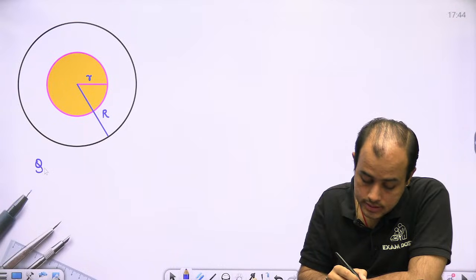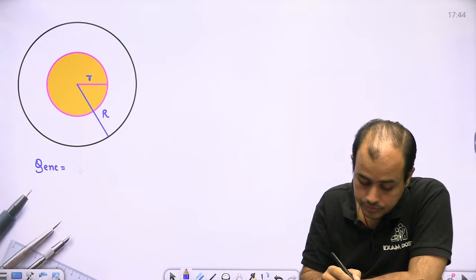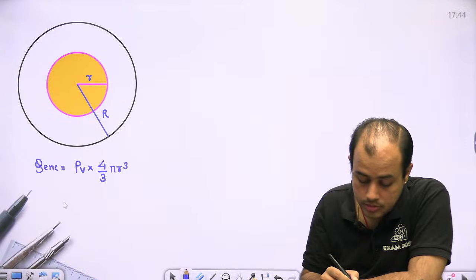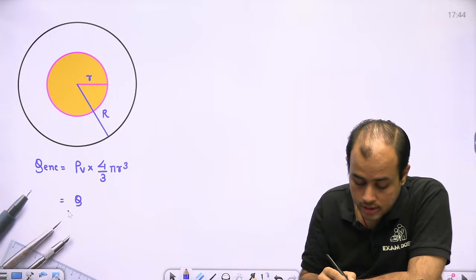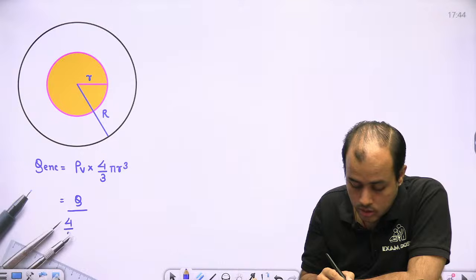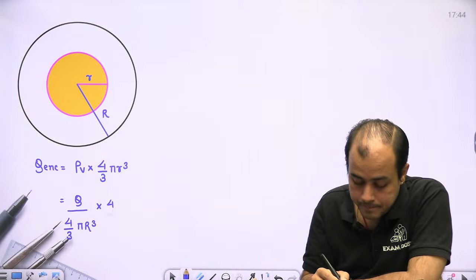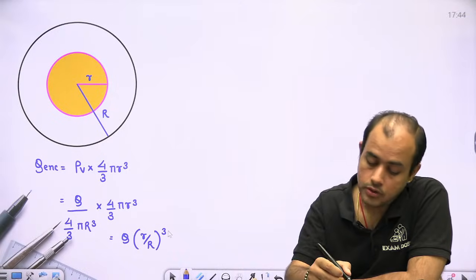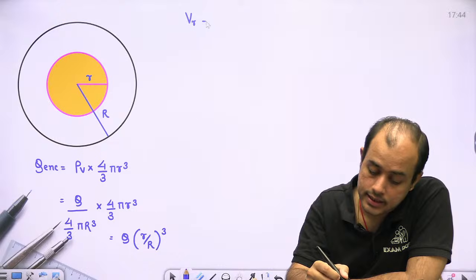चार्ज एनक्लोज्ड rho V into 4 by 3 pi r cube. Now rho V is what? Total charge by total volume. Okay. So Q r by R. Now what is the potential at a distance r?